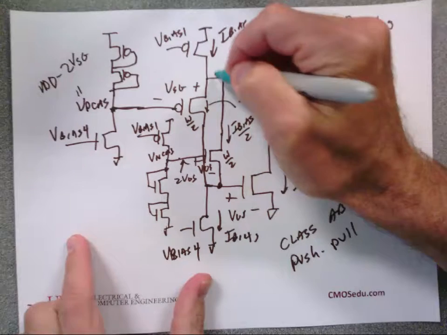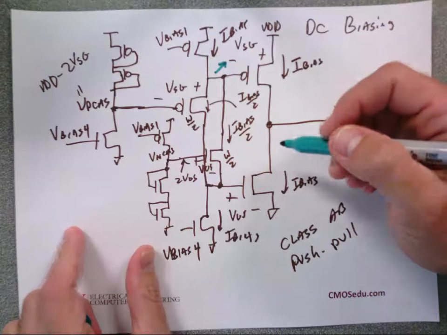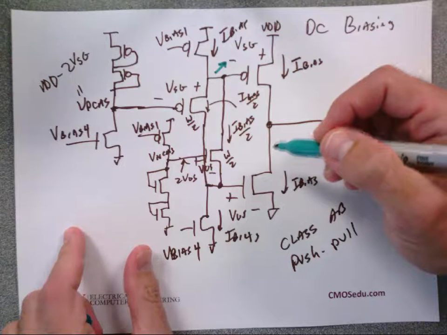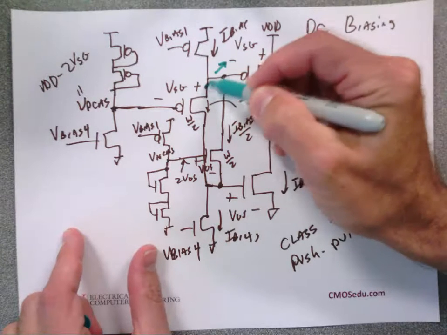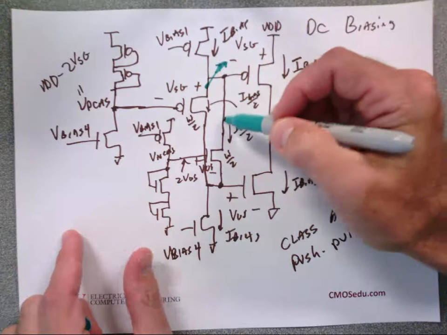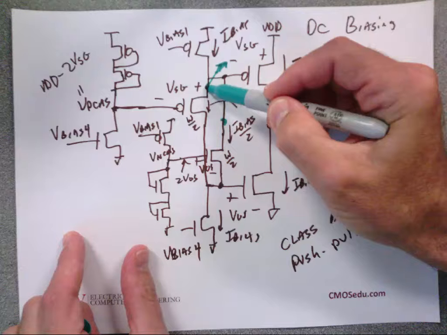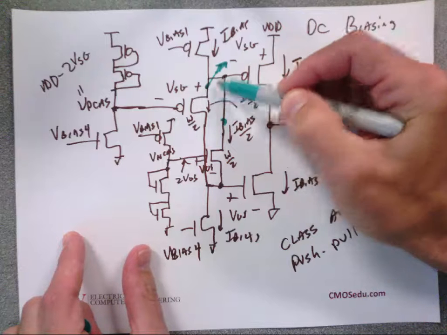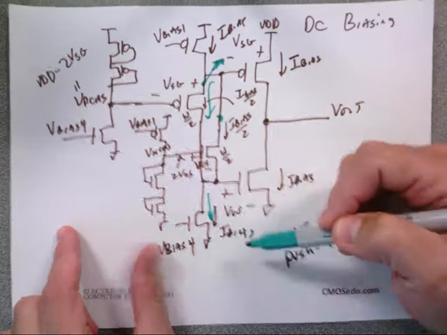I got a question. If this node goes up, what happens to this transistor? Yeah, if I yank the source of this up, I turn the PMOS on, right? If I yank the drain up on this guy, not much happens. But if I yank the source up on this one, more current starts flowing through there. But the current that flows down there is constant.